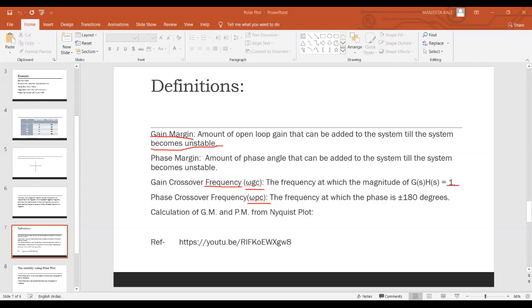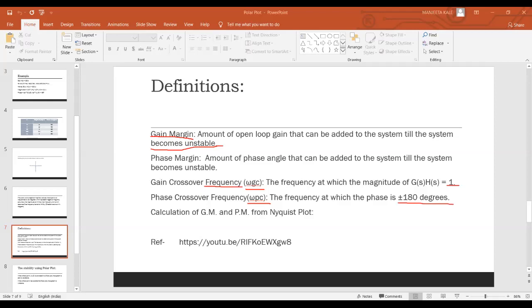So the frequency at which the magnitude of G(s)H(s) is equal to 1 is known as omega GC. Those who have learned Bode plot will understand this easily. They will be able to recall what we do with omega GC and omega PC. Phase crossover frequency is nothing but frequency at which phase of G(s)H(s) is equal to plus or minus 180 degrees, right? Now, please remember these definitions. We are going to use them further.